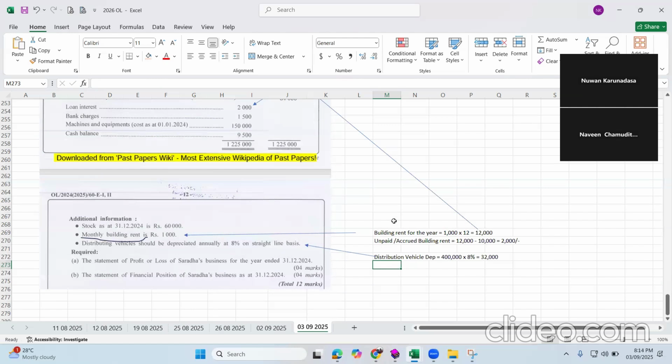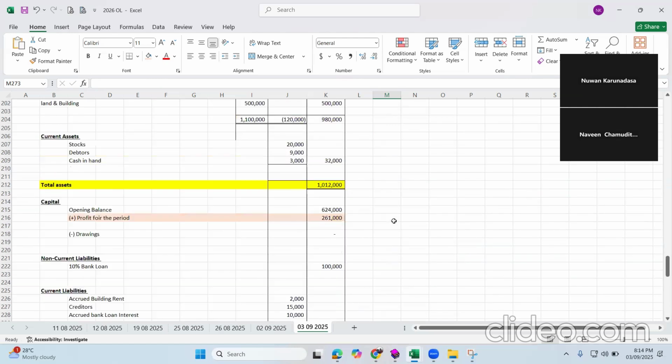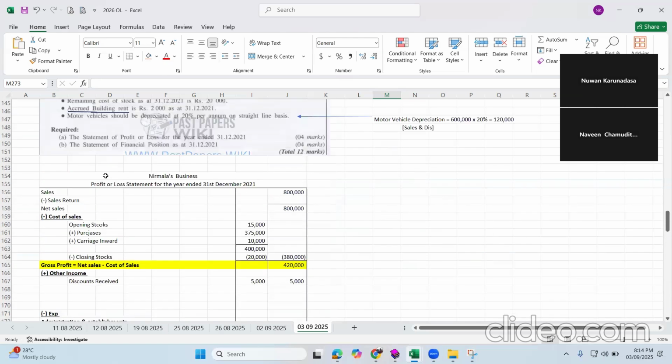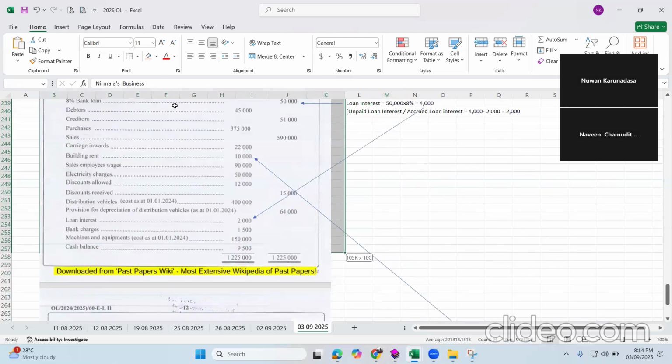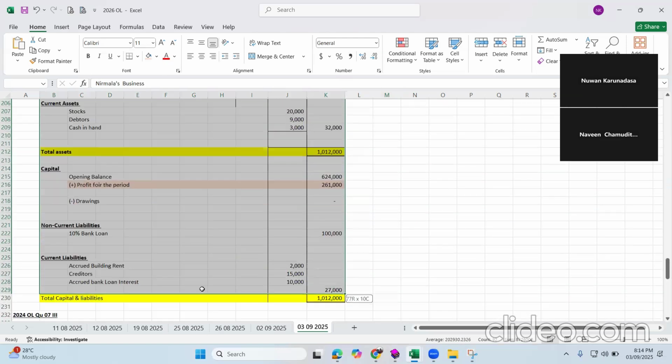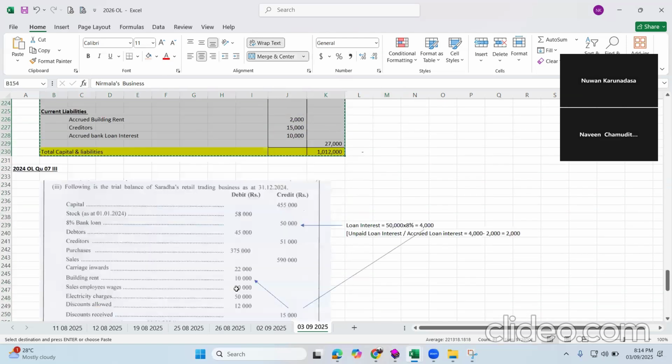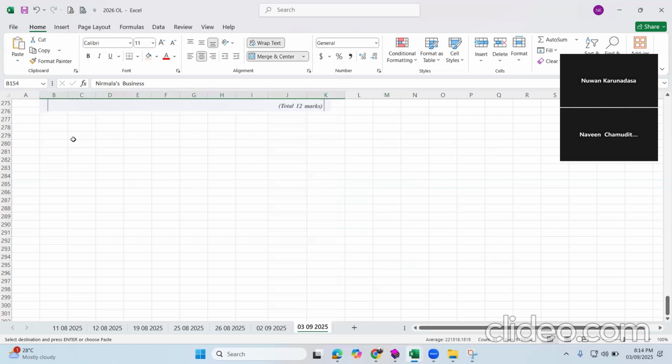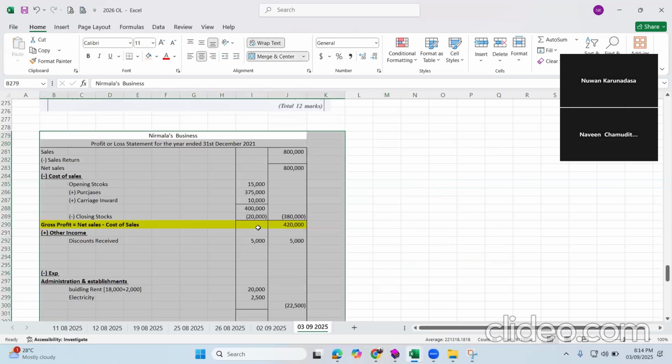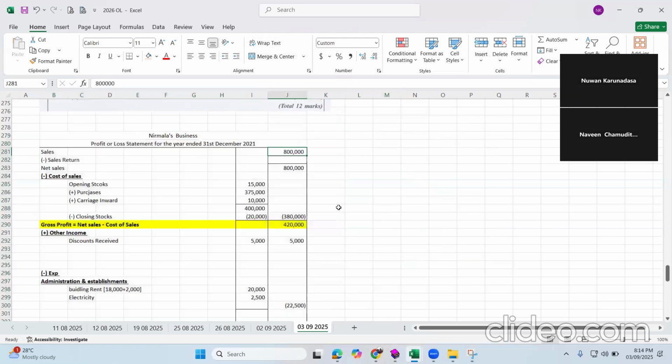We'll have the formats. For my easy purpose, I'll copy the same. We'll clear the numbers.